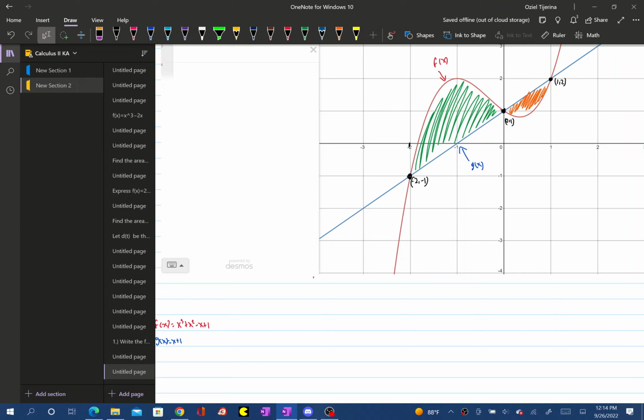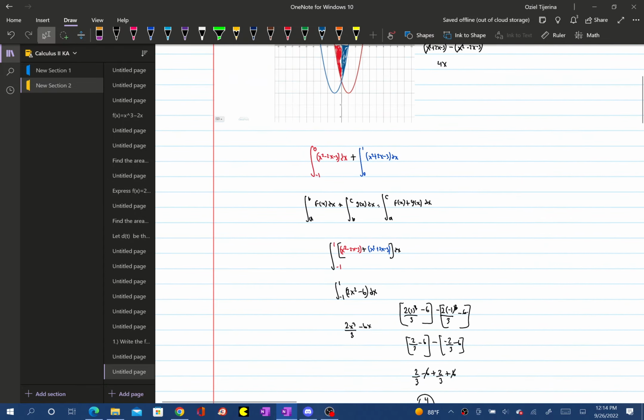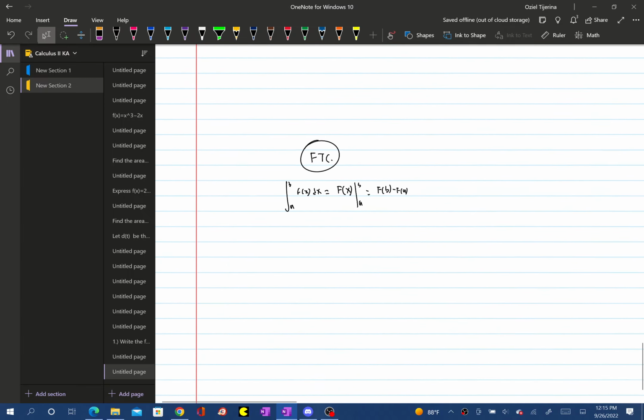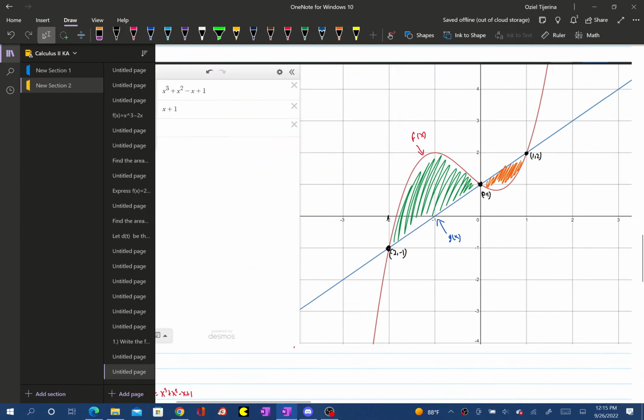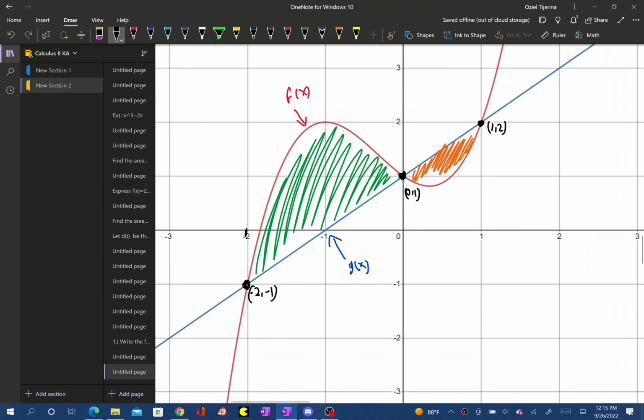So basically, we're going to find the area from -2 to 0, right?